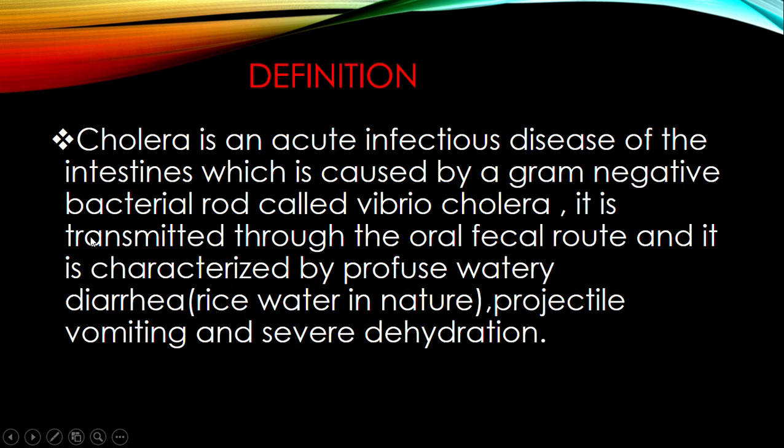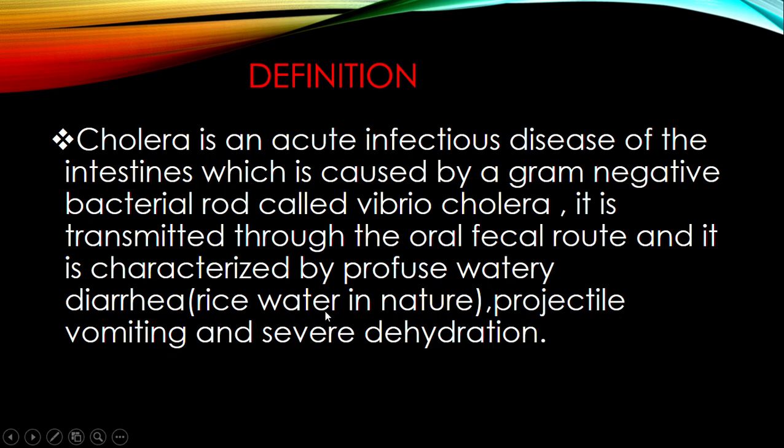Notice that we have mentioned the system that it affects, which is the intestines under the GIT. Then we have mentioned how it is transmitted, through the oral-fecal route, and we have mentioned the causative organism, which is Vibrio cholerae, and we have talked about the signs and symptoms as well.